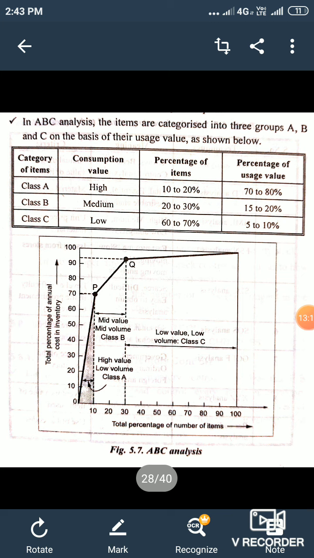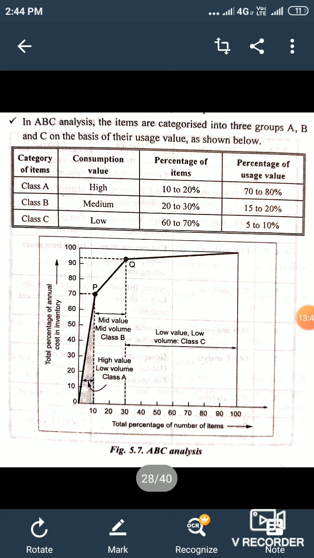It is the value of A class items. That means 10 percentage of items and 70 percentage of total inventory cost. And this area under the graph is A class item.